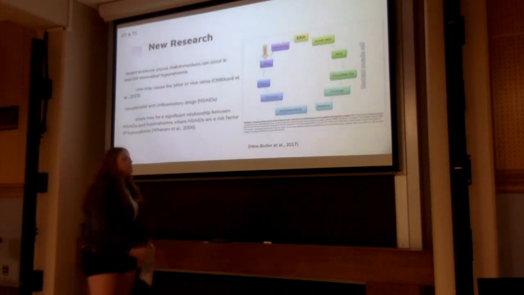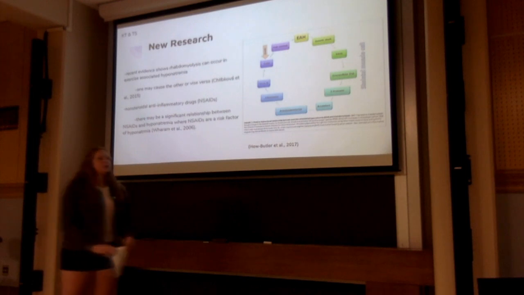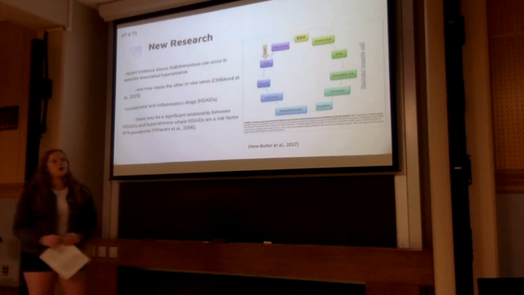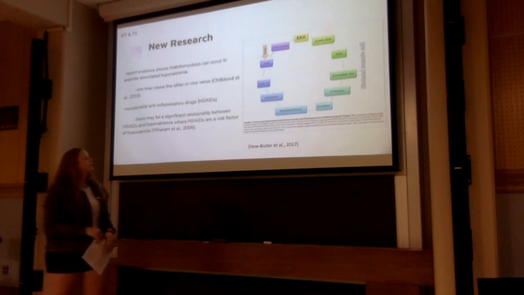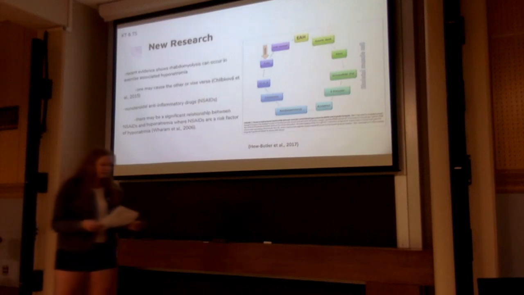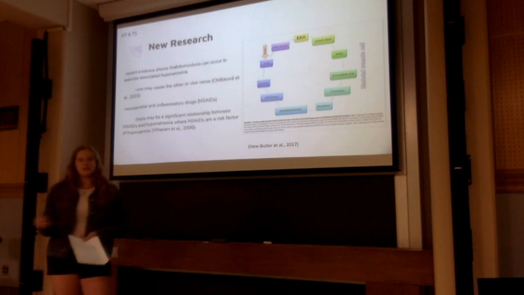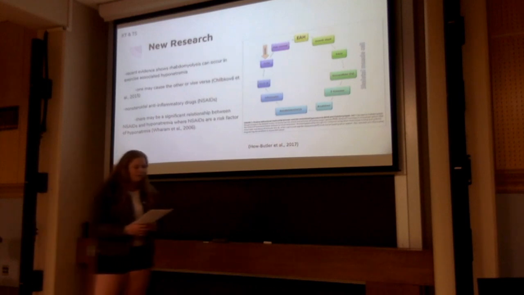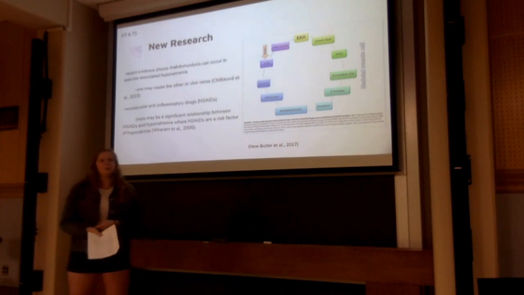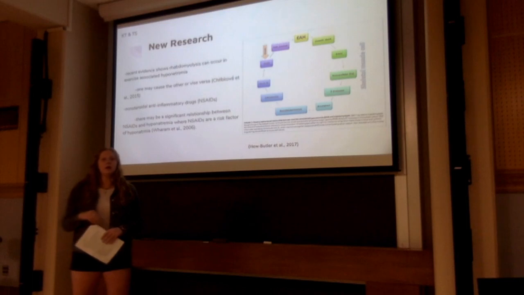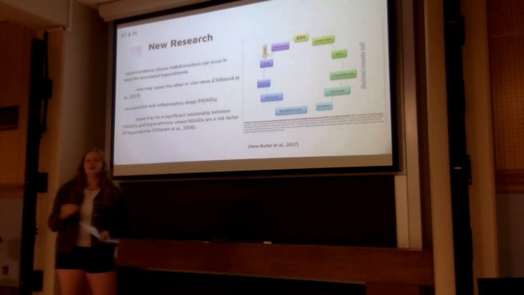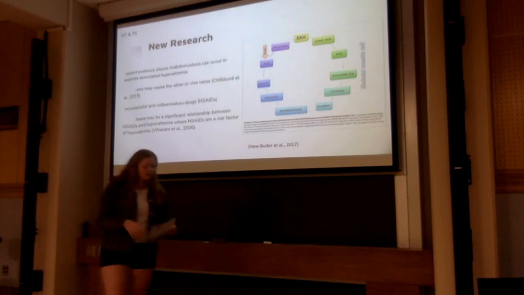The last thing we have is new research. There are two new research mechanisms brought out. There's rhabdomyolysis, which we learned in class, and it is the breakdown of muscle cells. This muscle cell breakdown releases toxins, and it also releases myoglobin into the bloodstream, and this can go into the kidneys and cause a poisonous and deadly effect.